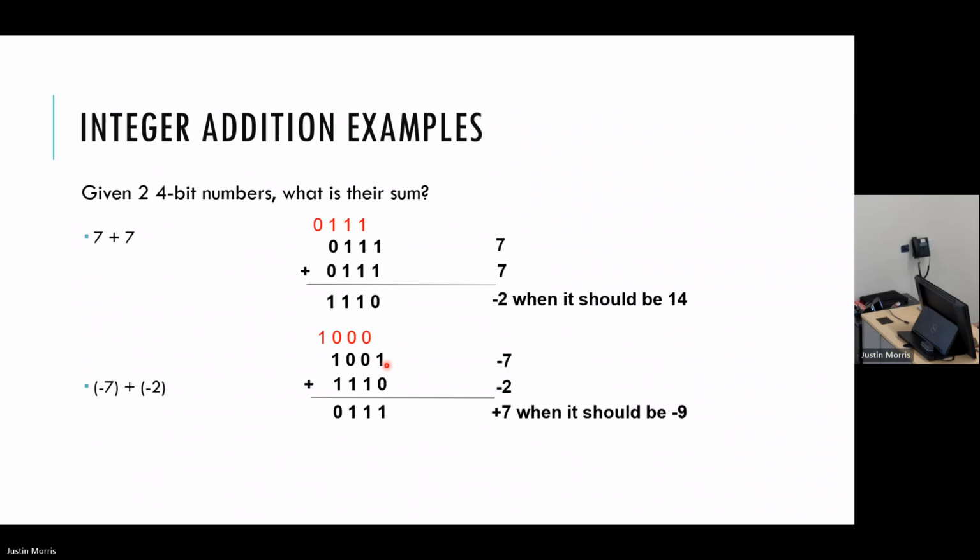Add a 1, then it becomes 0, 1, 1, 1. So that means it's 7. So if we negate it, it becomes 7. So we know in its negative form, it's -7. Same thing with 2. 0, 0, 0, 1. Add 1 becomes 0, 0, 1, 0, which is 2.